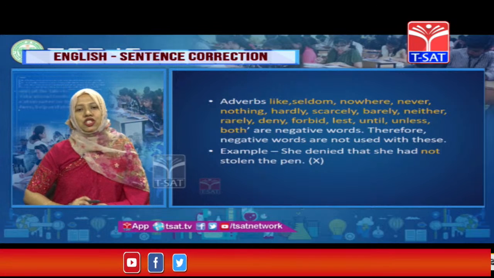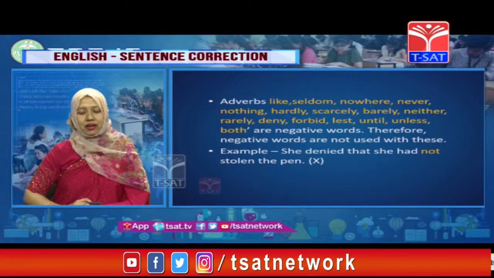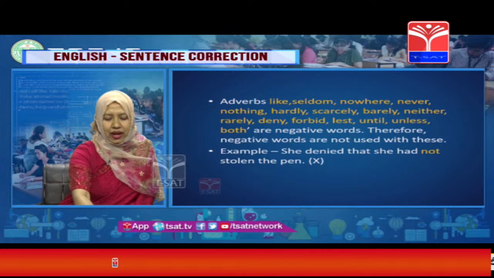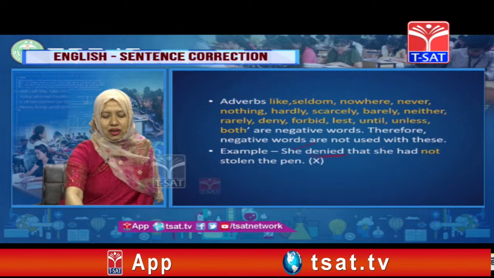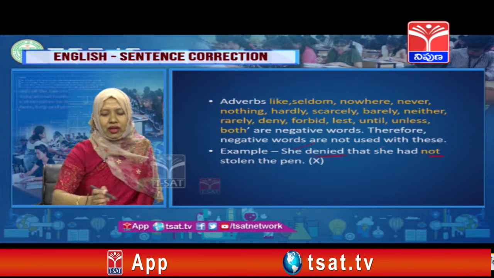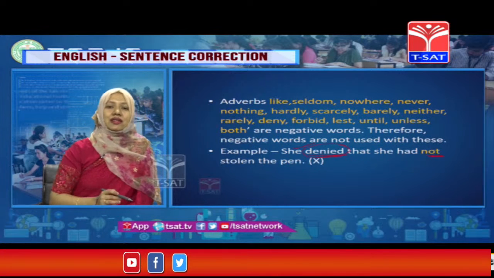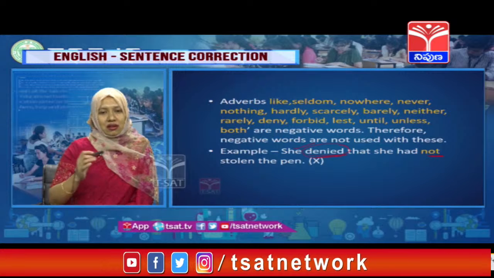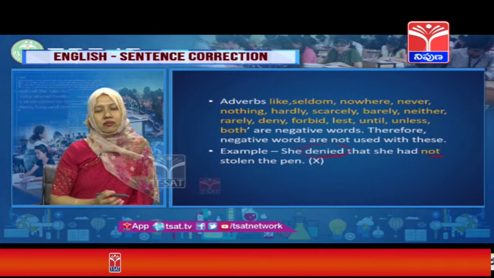Example: she denied that she had not stolen the pen. If you look at the sentence, "she" is the subject, "denied" is the main verb, and then "that she had not stolen the pen". Now here, "denied" itself carries the meaning "no, not".